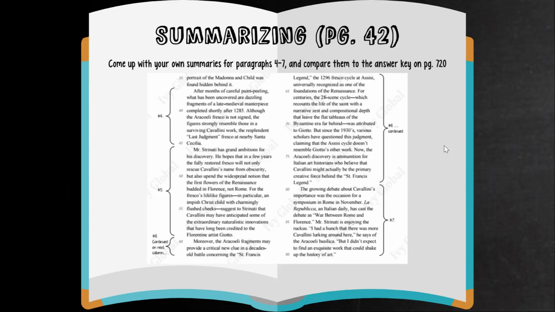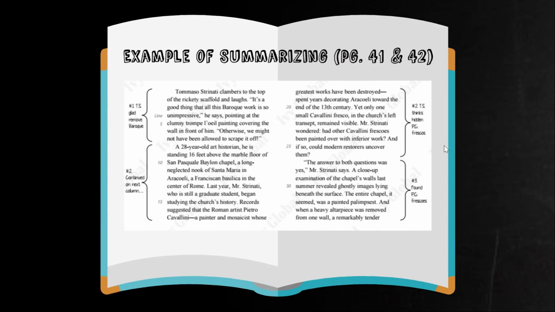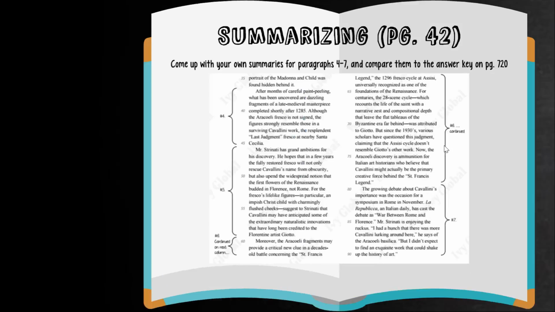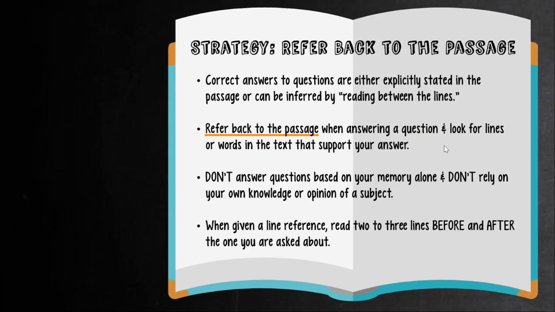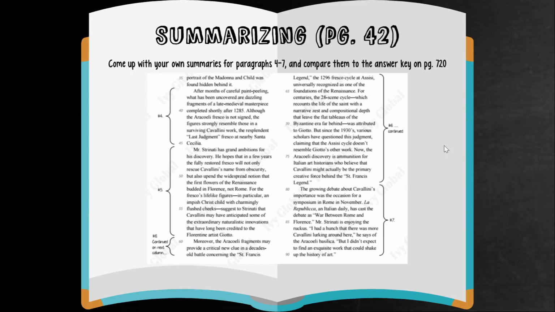So we're trying to encourage students to practice and use their own words to summarize these paragraphs. It even shows you exactly what pages you can find these on, page 41 and page 42. And the best thing is you can look at the answer key in the back of the book, and it tells you it's on page 720.